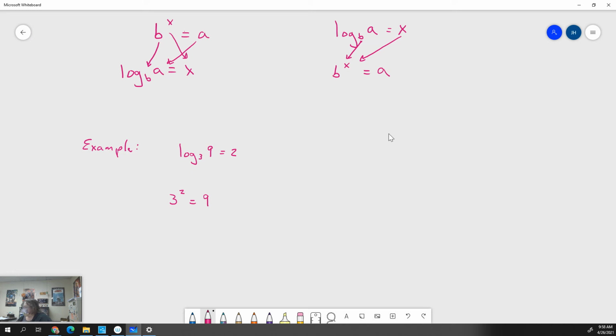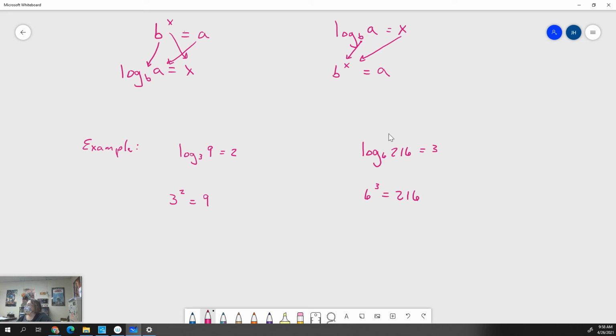Let's see, log base 6 of 216 equals 3 would be first, which is 6, last, to the third equals the middle, 216. Notice that our end is just our exponent.